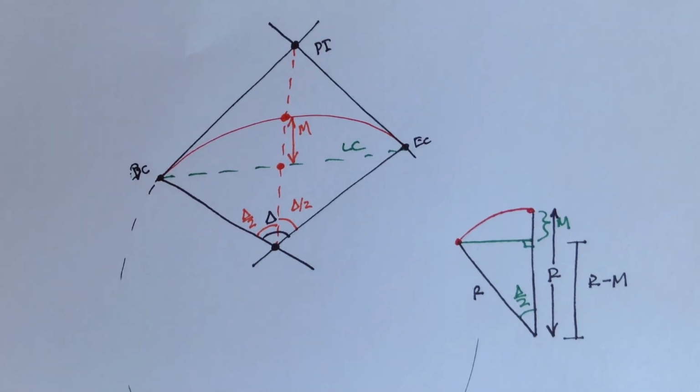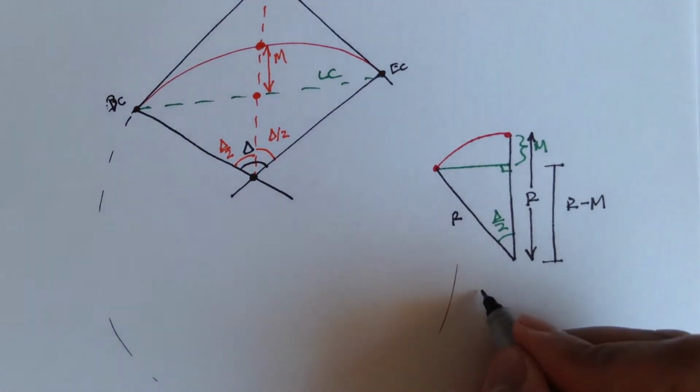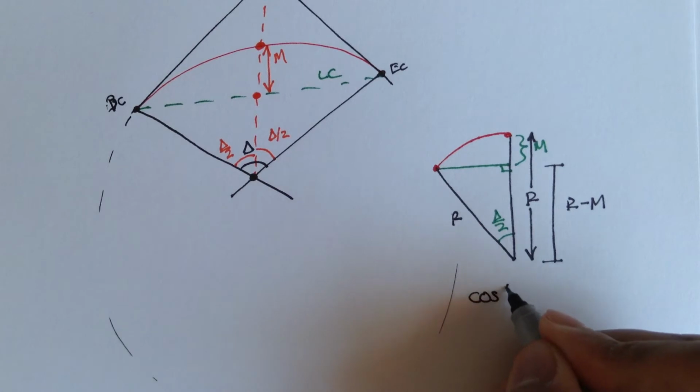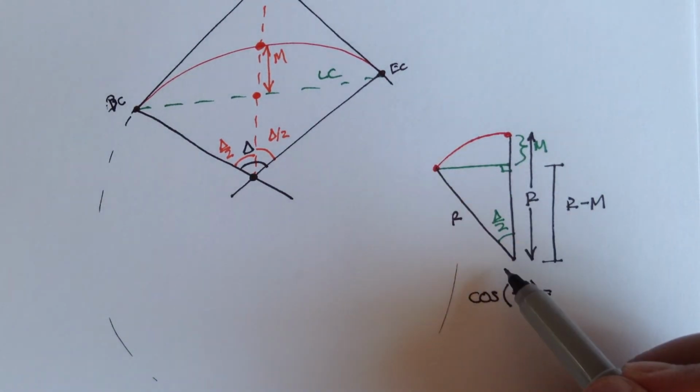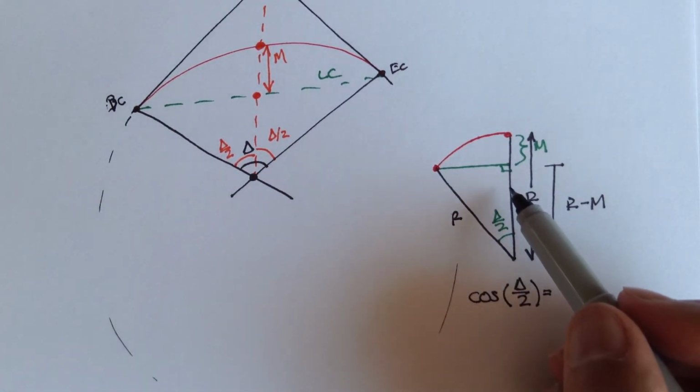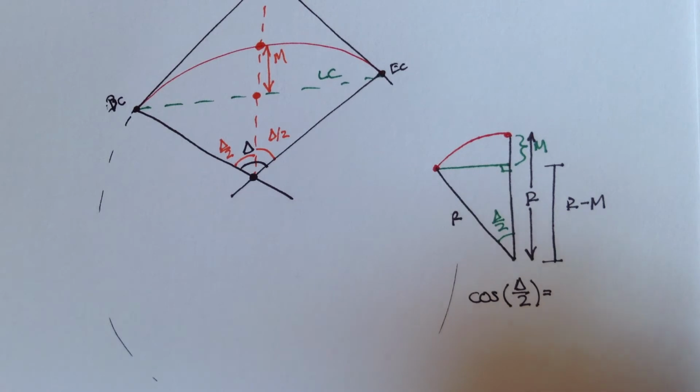So the cosine of this angle delta over 2 is equal to the adjacent side over the hypotenuse, right?